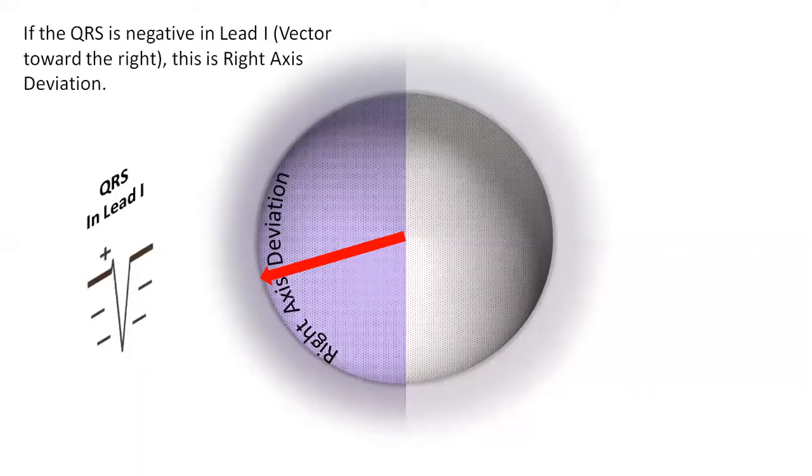So in lead 1, if the QRS is positive, that may be either normal or abnormal. But if the QRS is negative in lead 1, it always indicates right axis deviation. This right axis deviation may in some cases be extreme right axis deviation.